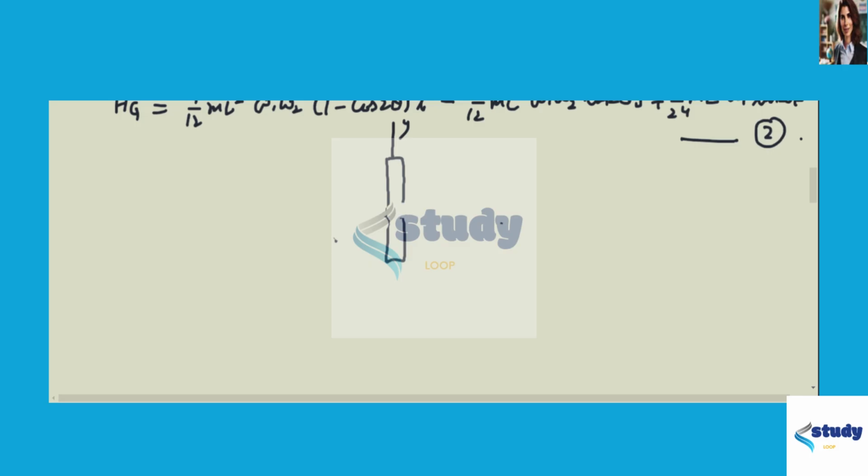Just a moment, I am drawing again. z-axis, x-axis, M2, M1.